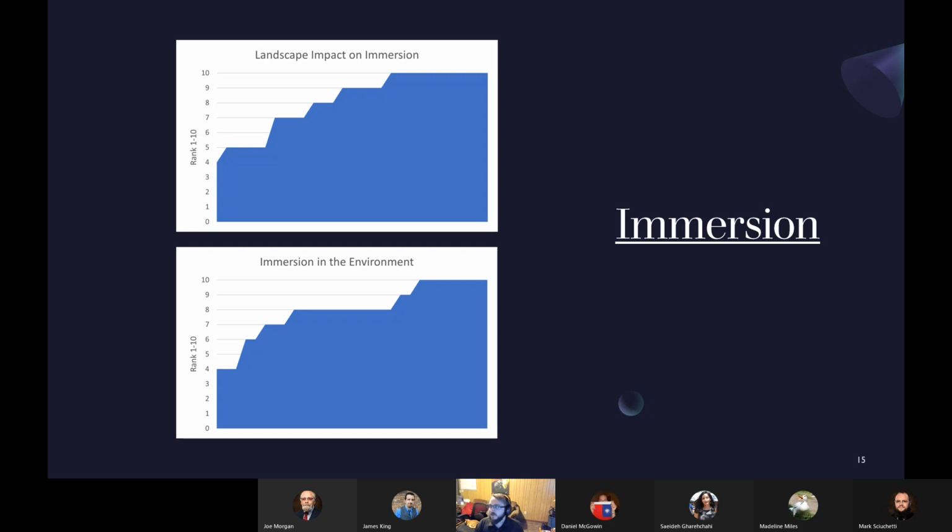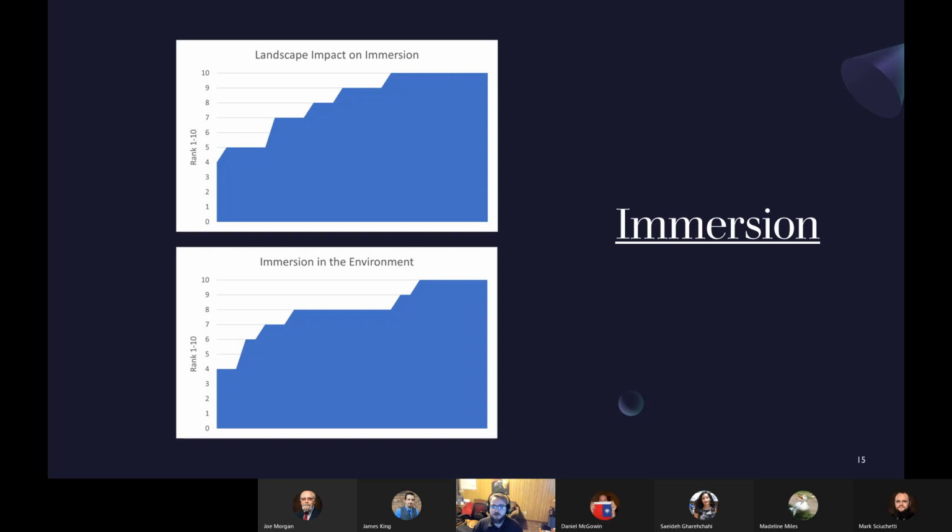So to get that data, I asked how they felt immersed in the environment overall. This question had a similar plot to the one above, meaning that there is some correlation with immersion in the landscape and immersion in the video game as a whole.